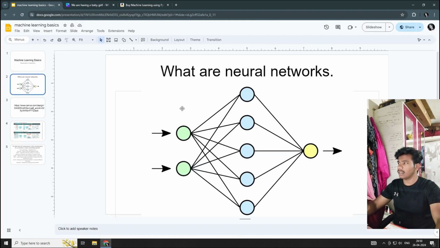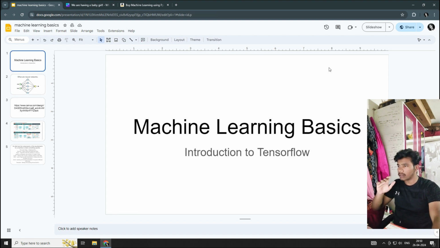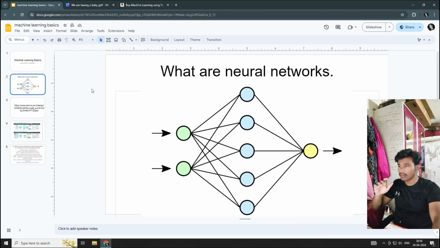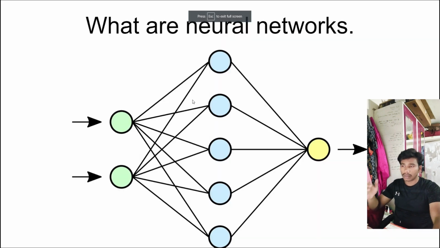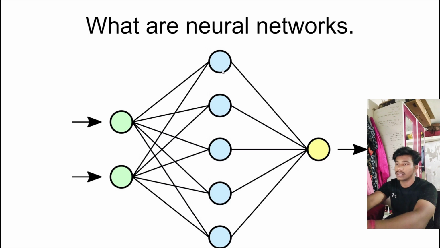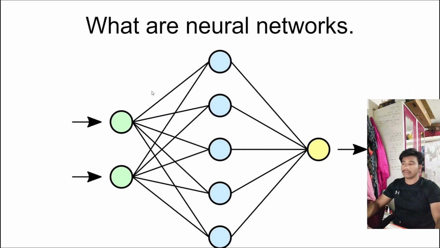So basically, I have this presentation here, which will guide you through the process of understanding neural networks. Here you can see what exactly neural networks are. Here you can see the nodes, the green nodes, the blue nodes. These are known as the levels. The first one is the green nodes, which are two nodes in the neural network, and they are the first level. The second one is also known as the hidden layer.